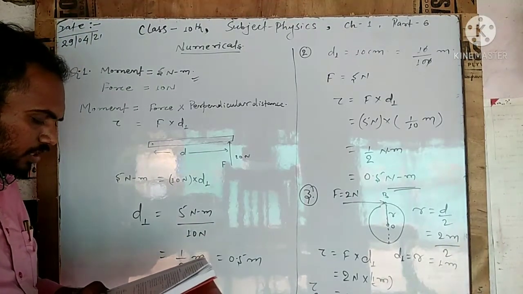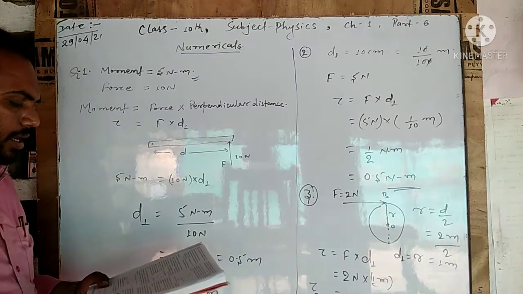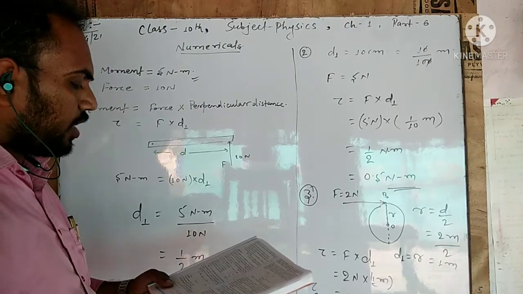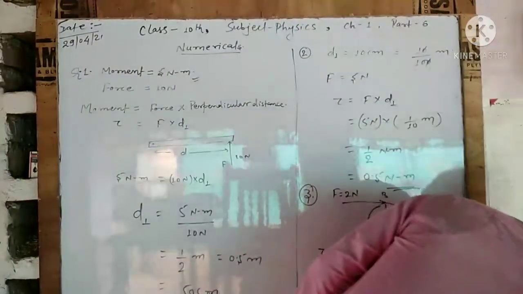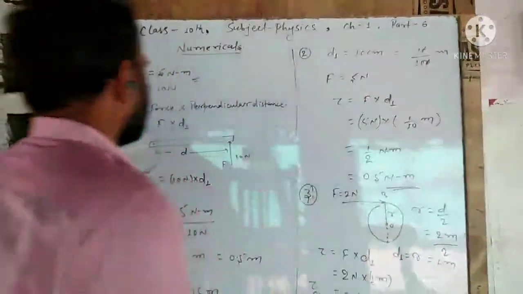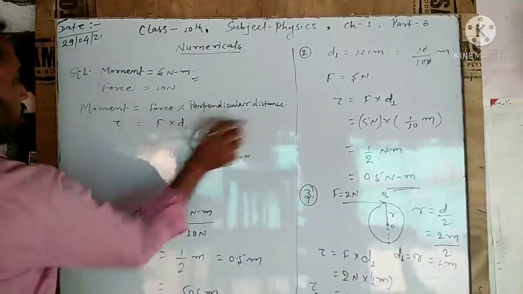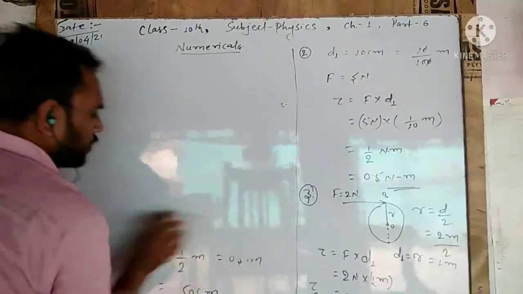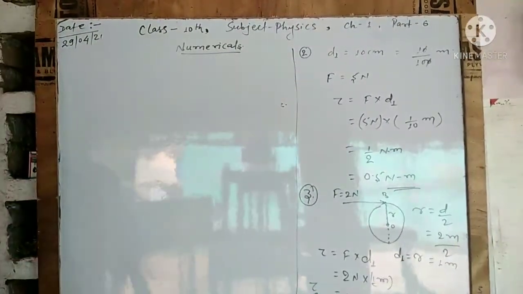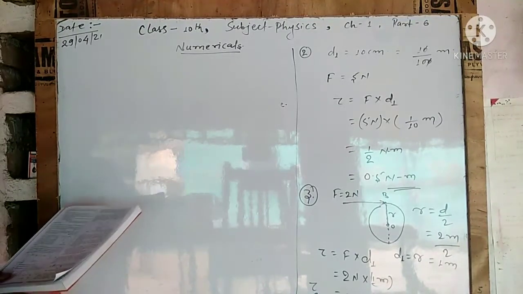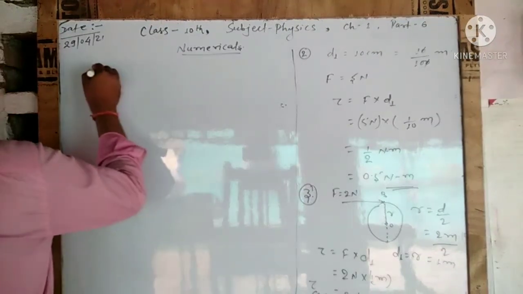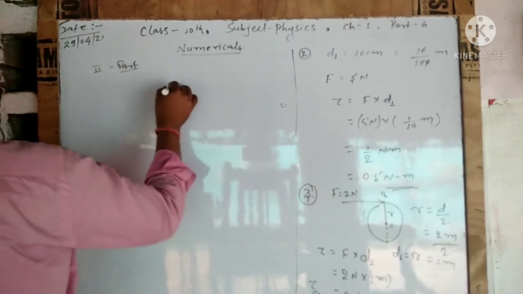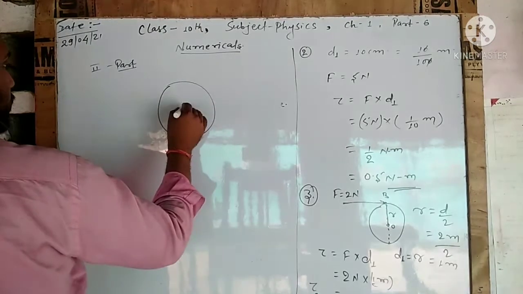Now we have to find the moment at the point A. This is the second part of this question, the third question.